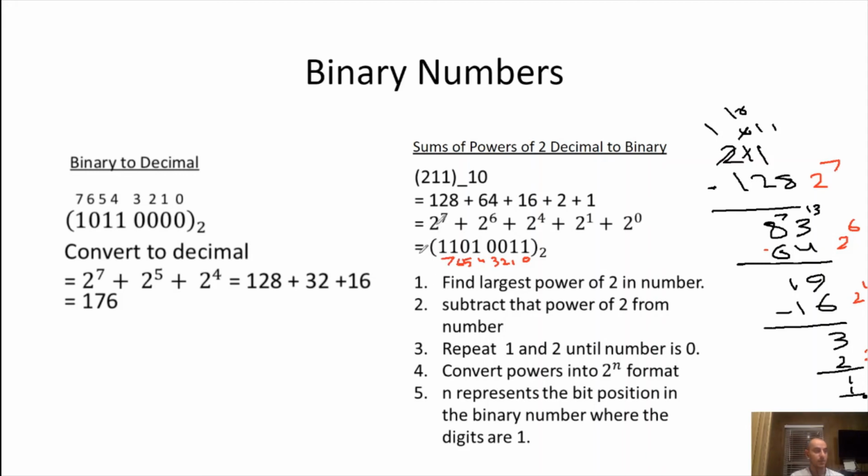Whenever we have a power, it's going to be a 1 because we have 2 to the 7. We have 2 to the 6. We don't have 5. We have 2 to the 4, 2 to the 1, and 2 to the 0. So basically, it's the opposite of this other way.